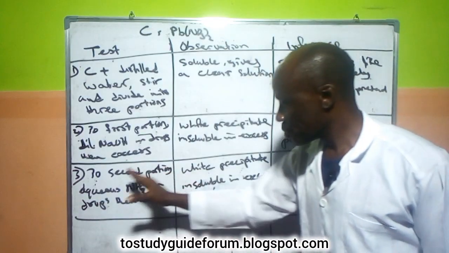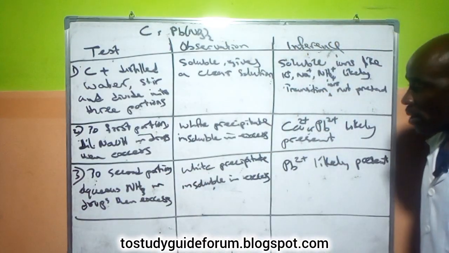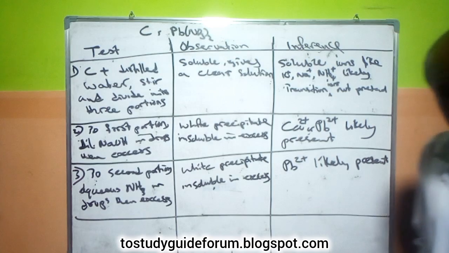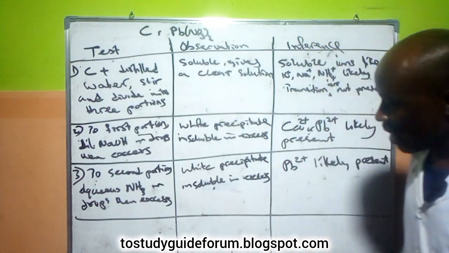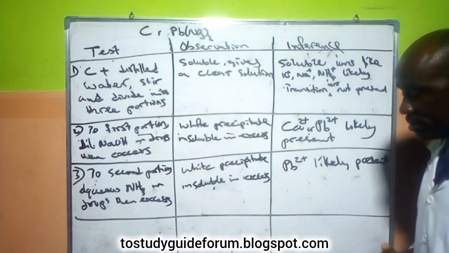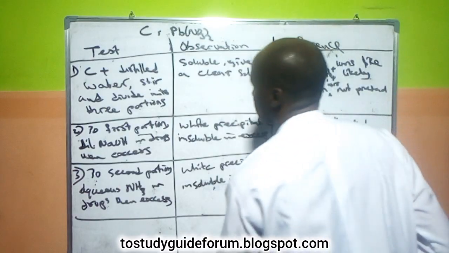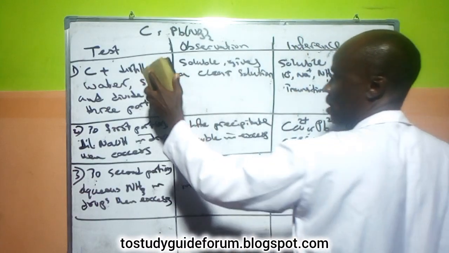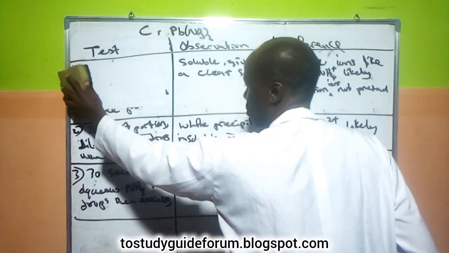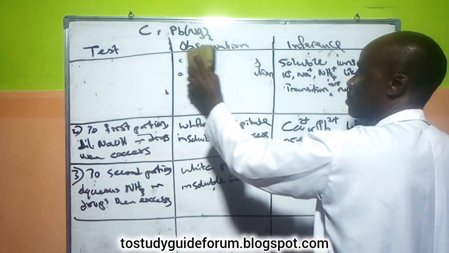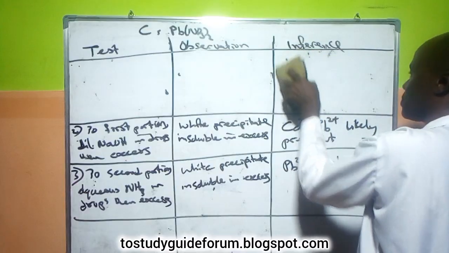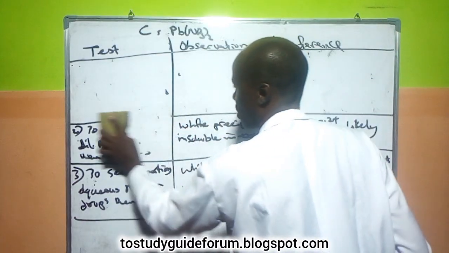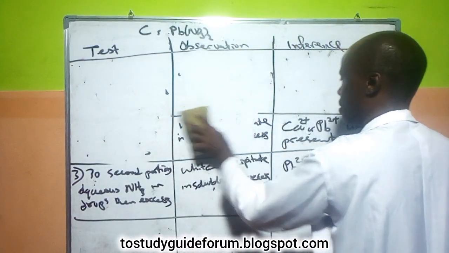Now the next one we're going to do, from the information in the instruction manual, is dilute hydrochloric acid.